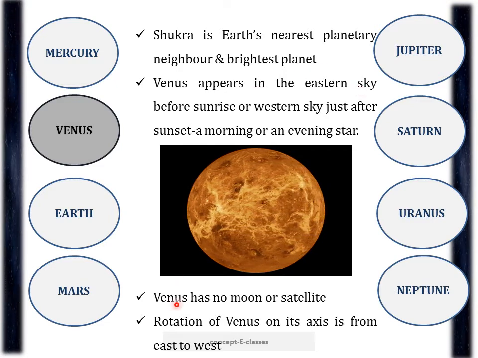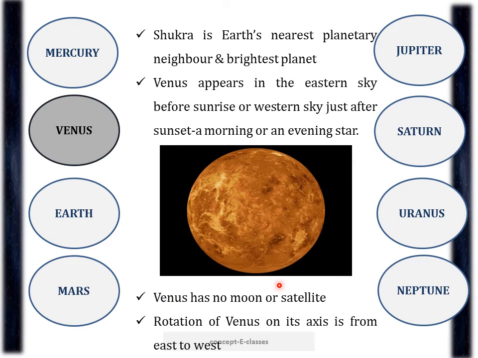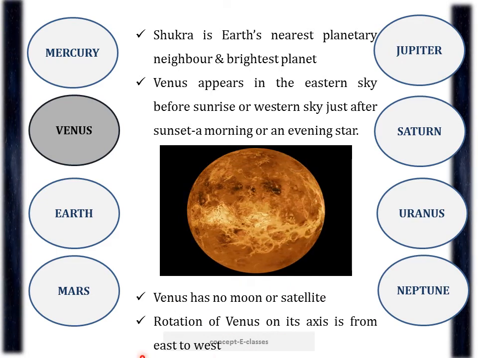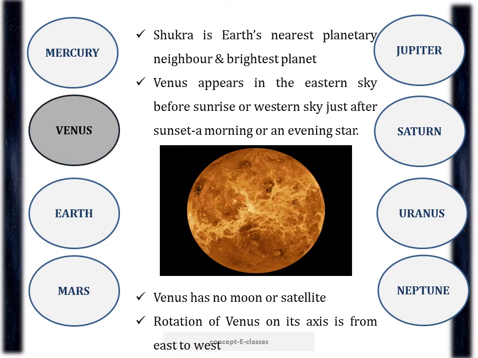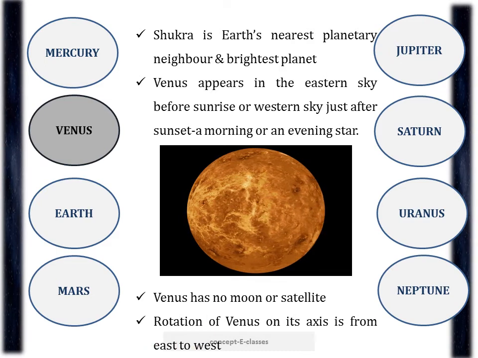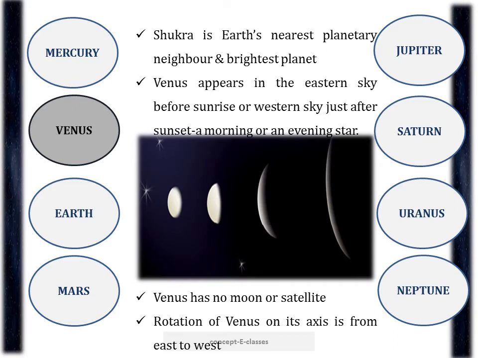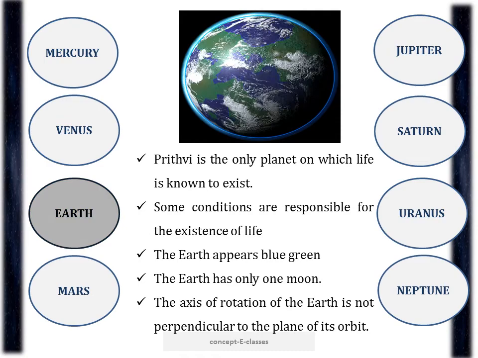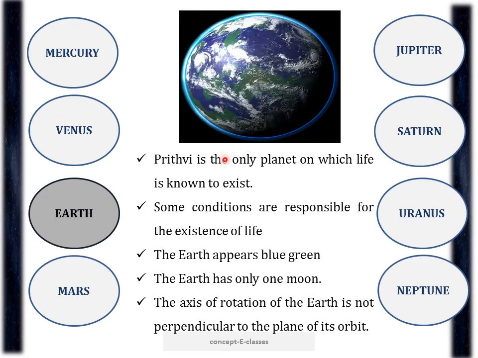Now Venus has no moon or satellite, and the rotation of Venus on its axis is from east to west, while that of Earth is from west to east. Now if you observe Venus through a telescope, we can see that Venus also shows phases just like that of the Moon.